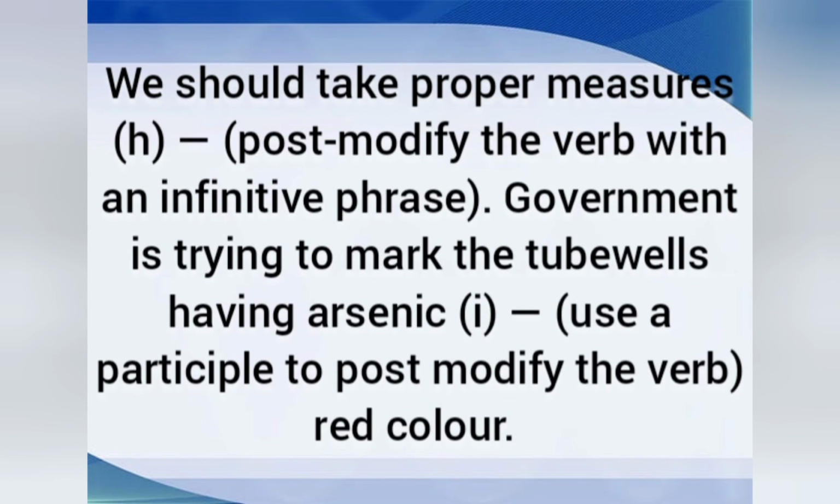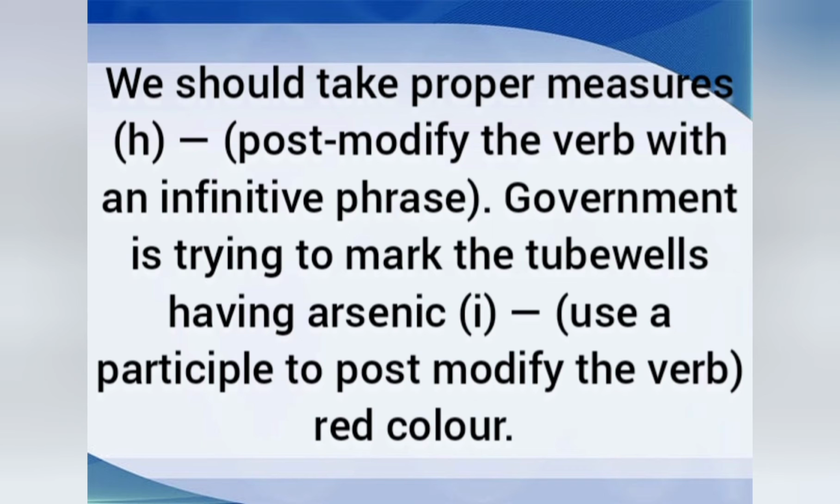We should take proper measures dash to post-modify the verb with an infinitive phrase. Government is trying to mark the tubes having arsenic, red colors. Here in number H, we have to use a word that post-modifies the verb with an infinitive phrase. And in number I, we have to use a participle to post-modify the verb.